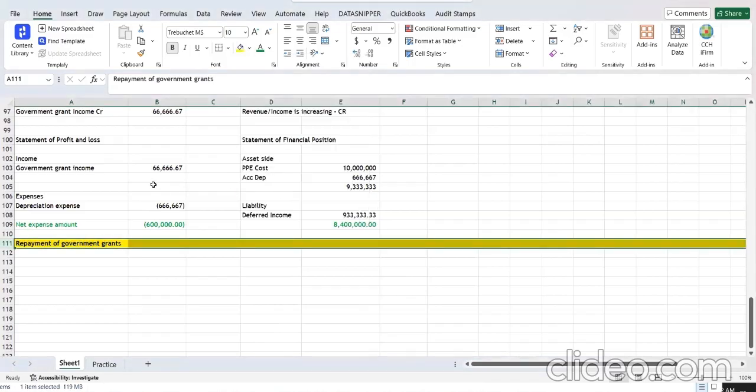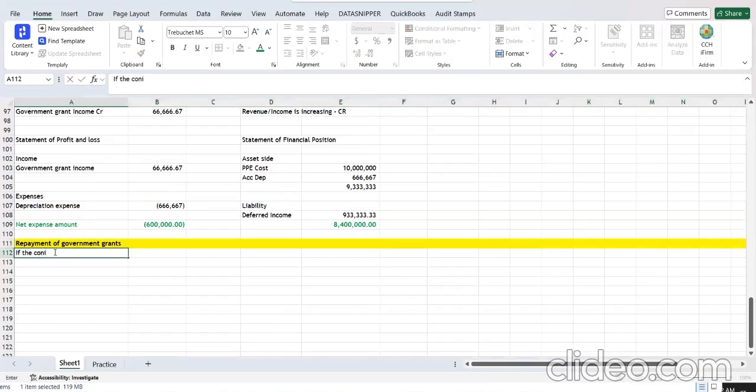So sometimes what happens is, if the conditions of the grant are not met, or if they were met initially but then breached later on, then in some cases grants need to be repaid, right?